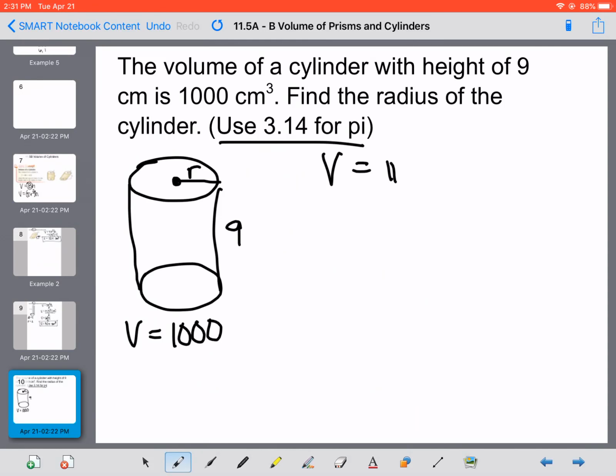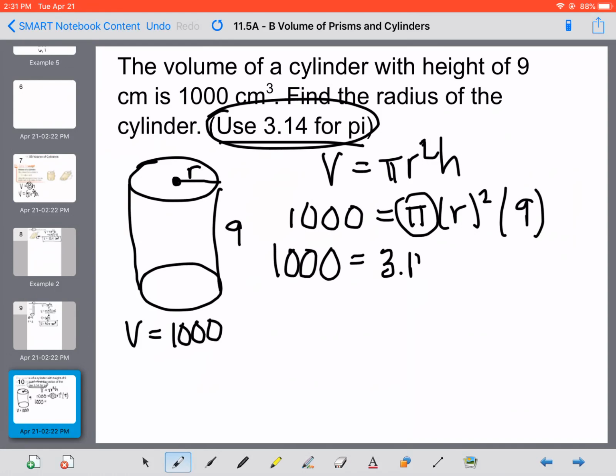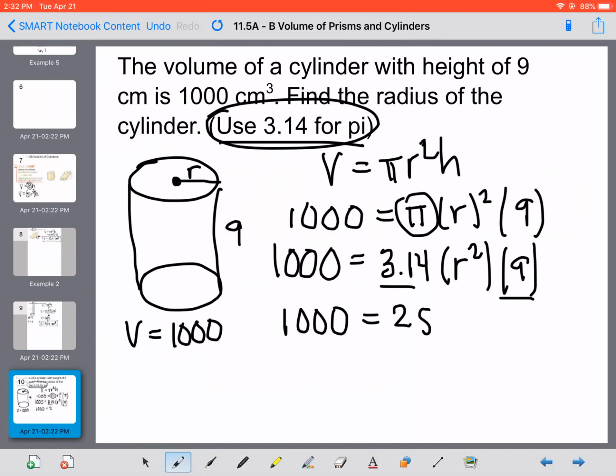So volume is pi r squared h. I know my volume is 1,000. I don't know my r, so I just have r squared times 9. Well, our pi, it says to use 3.14, so I'm going to have 1,000 equals 3.14 times r squared times 9. If I multiply 3.14 times 9, I have 1,000 equals 28.26 r squared.